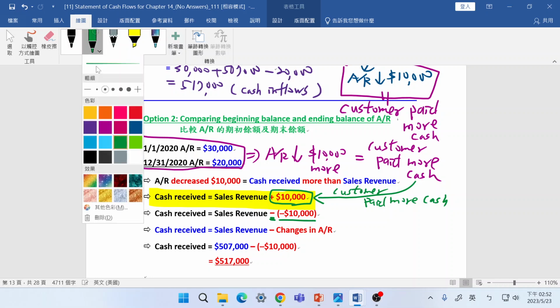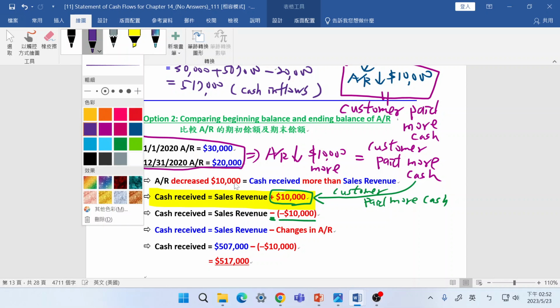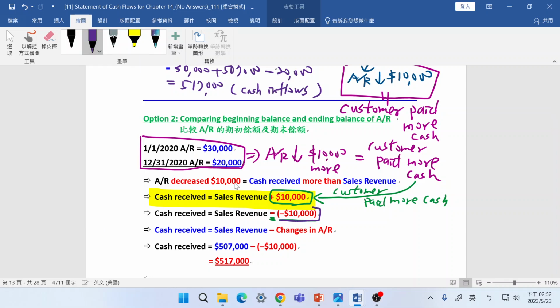So this one, negative $10,000, is your ending balance $20,000 minus your beginning balance $30,000. Okay? We try to make it become this way because we will use that to get formula.